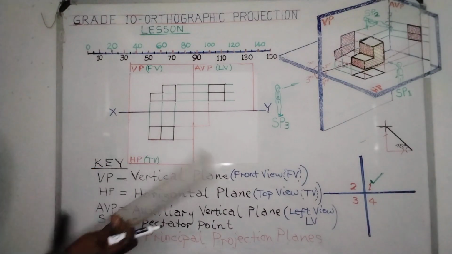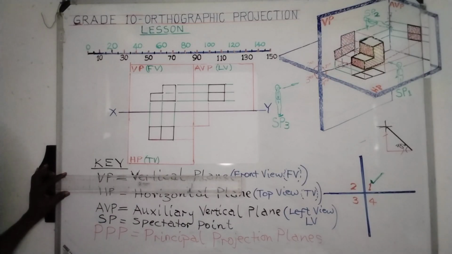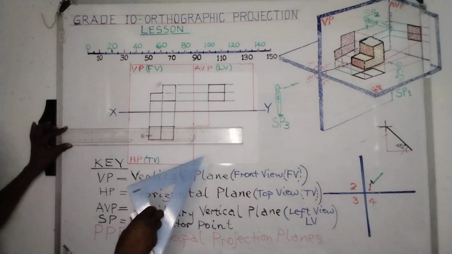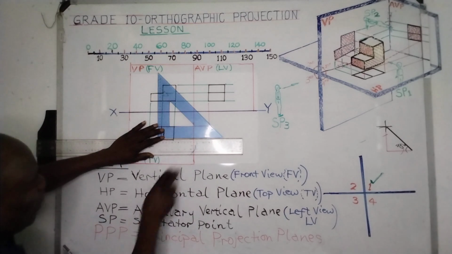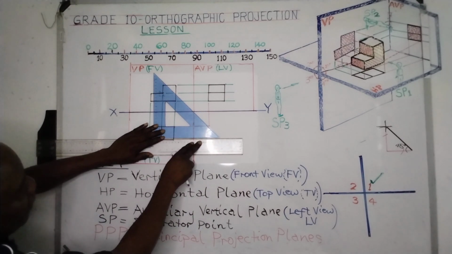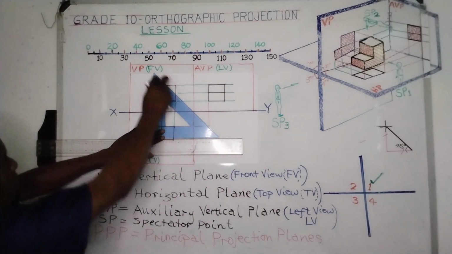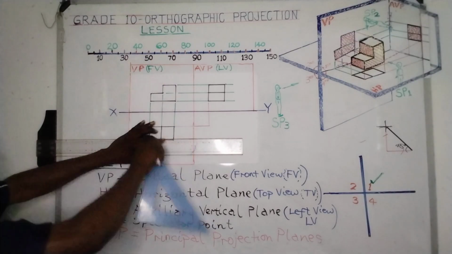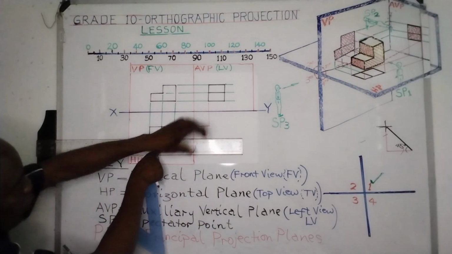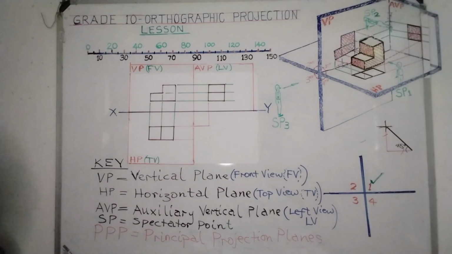Right, like that. So this is our orthographic projection, the principle of first angle orthographic projection. That's how it's done. So this is just the introduction to orthographic projection. So let me just finish my artwork there.